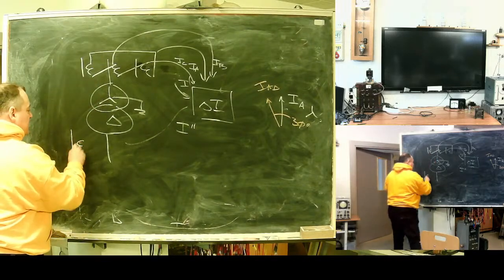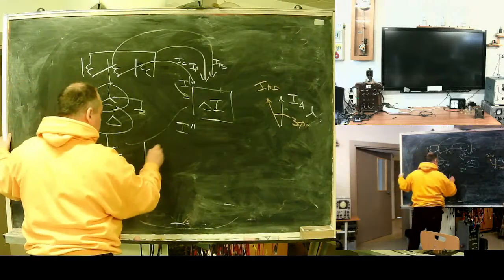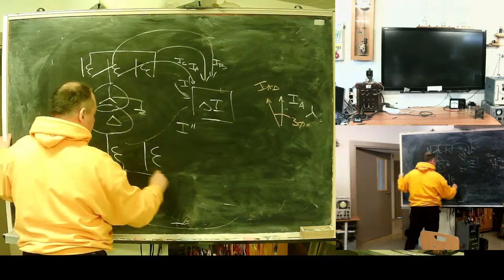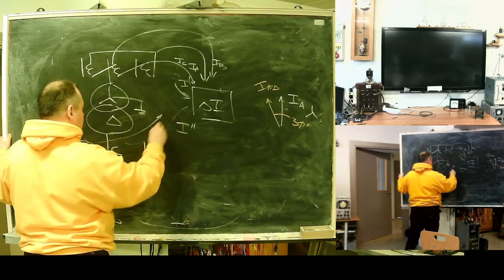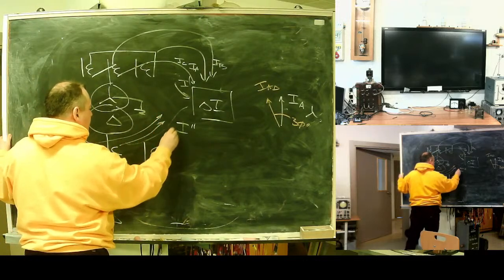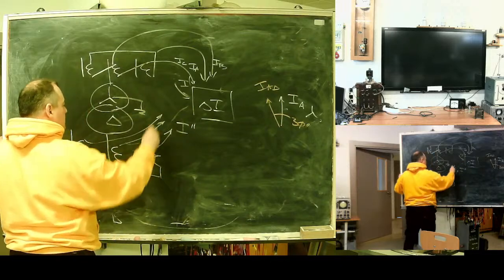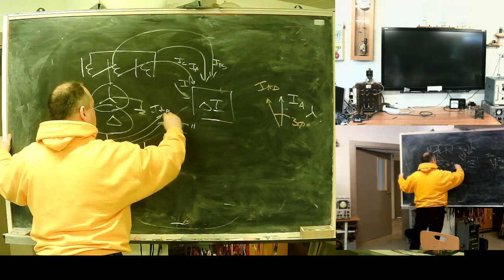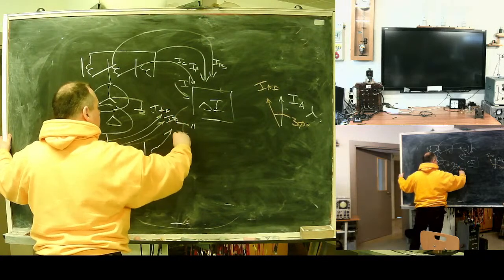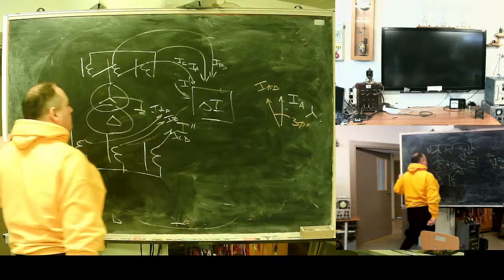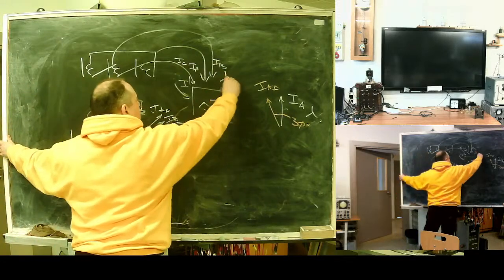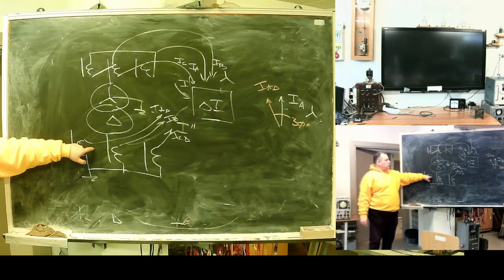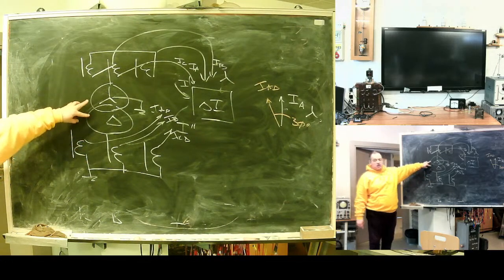And on the delta side, use star connection. This will compensate phase shift of the transformer.